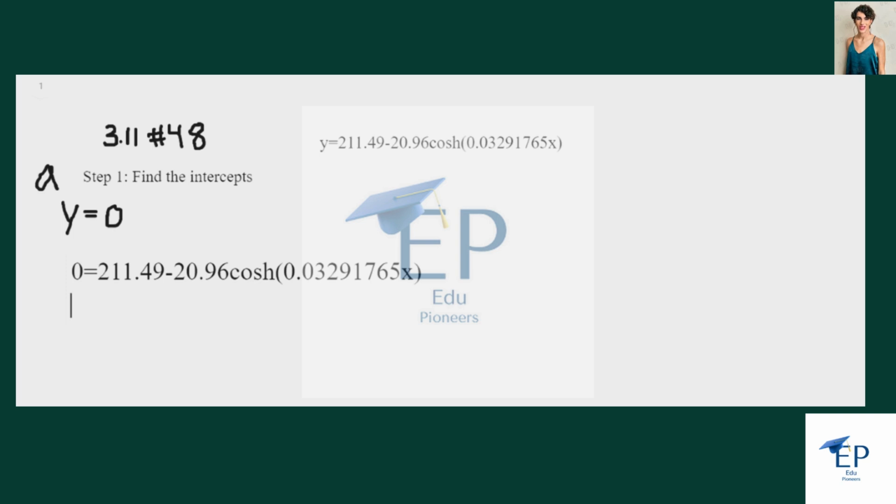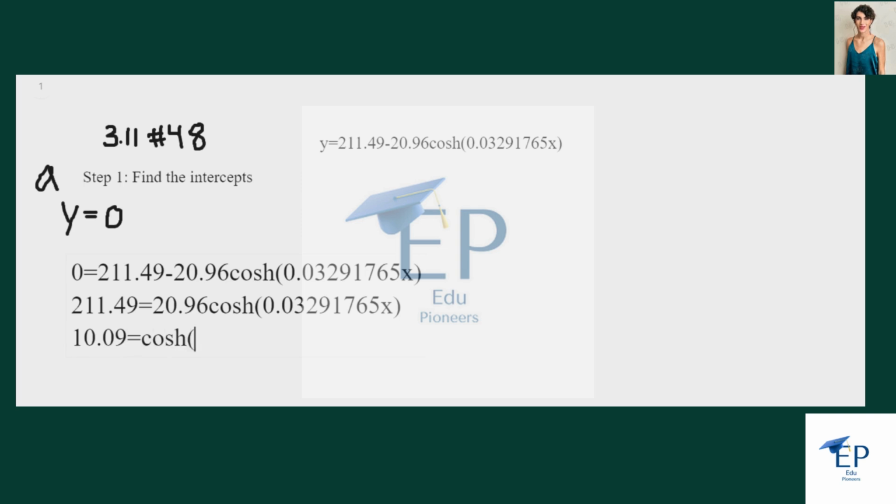So we're going to bring the 211 to the left-hand side and divide over that negative at the same time to get everything back to positive here. 0.0329. Now that we have this, we can divide over the 20.96, which gives us 10.09, equal to the cosine hyperbolic. Now we have to get rid of that cosine hyperbolic function on the right-hand side.